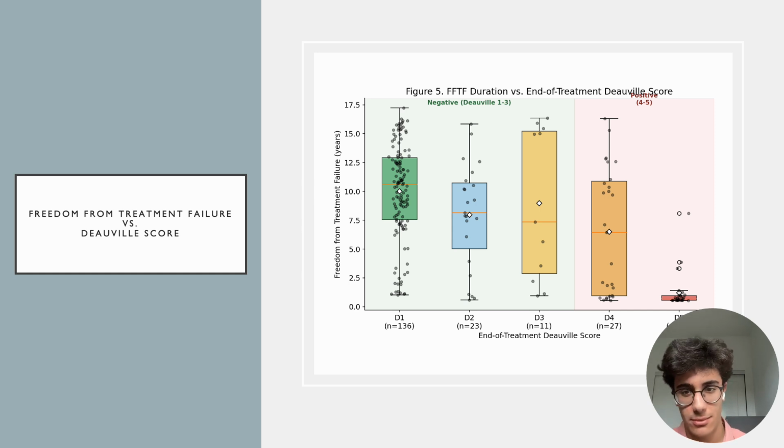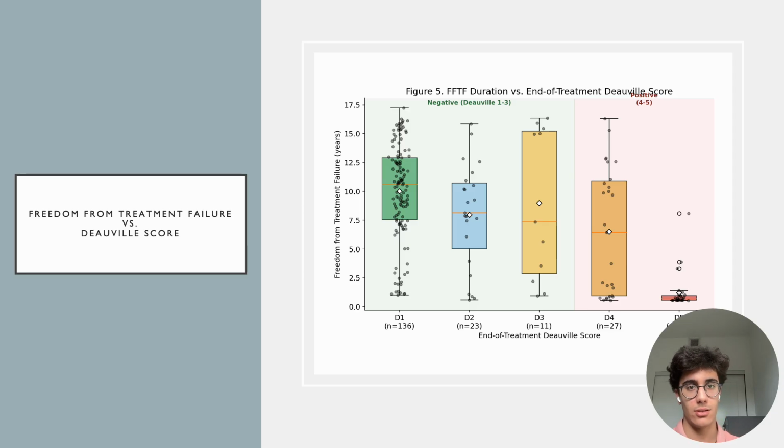Now, if you look at the score of 4, it just sits in between. Some of these patients do quite well, some of them do really badly, but on average, a score of 4 does worse than scores 1 to 3. Also, scores 2 and 3 look reasonably similar to each other and meaningfully better than D4 and D5 together.